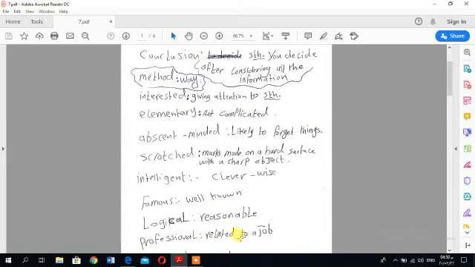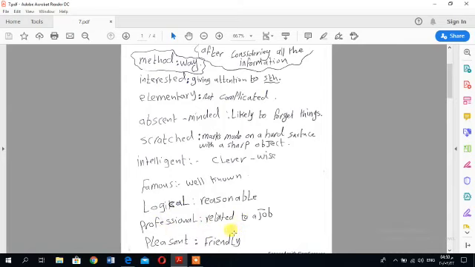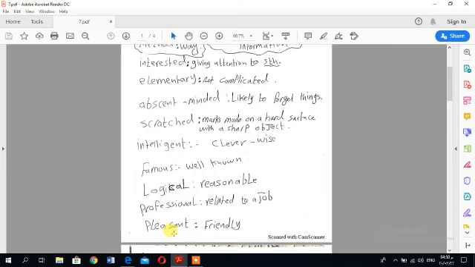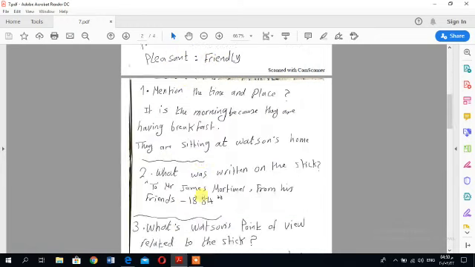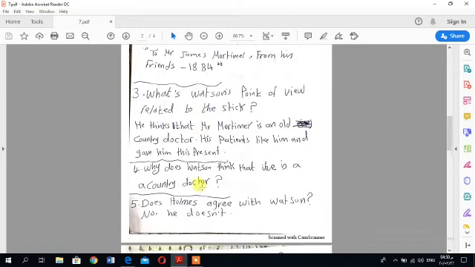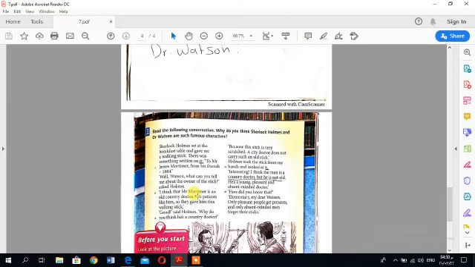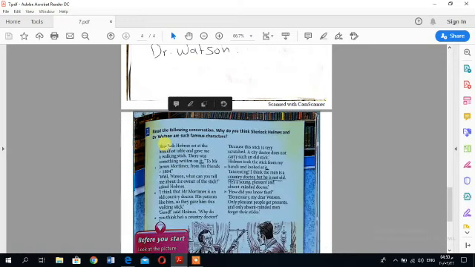Professional, related to a job. Pleasant, friendly. So friendly people, we call them pleasant people. Okay, these are the words of our lesson. Now let's open page 55 and read the text.